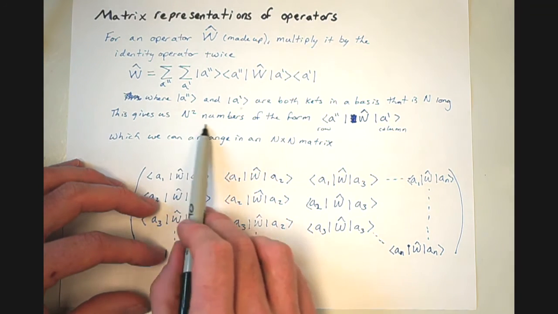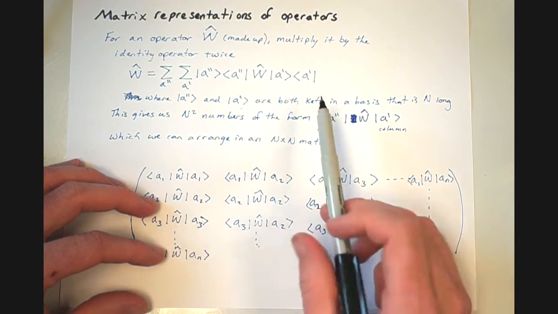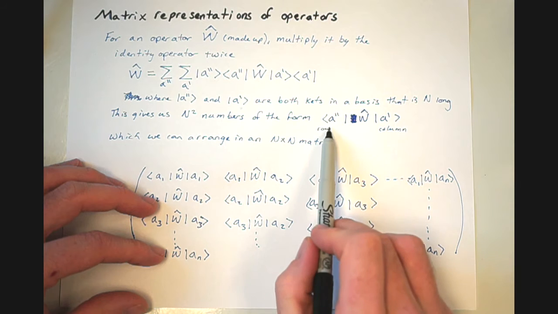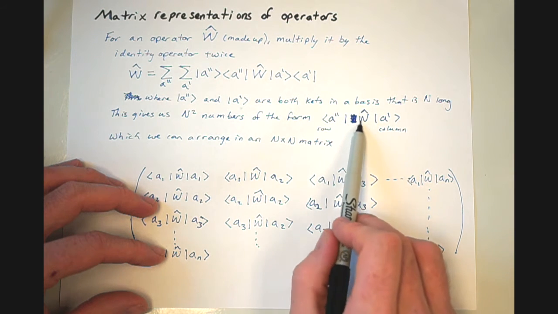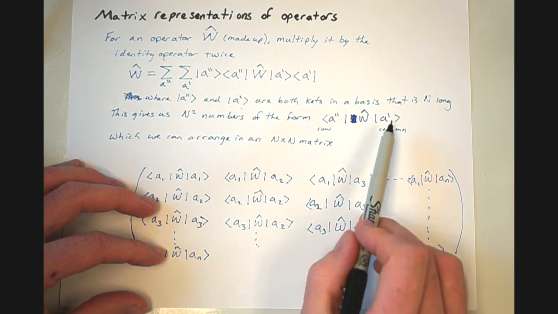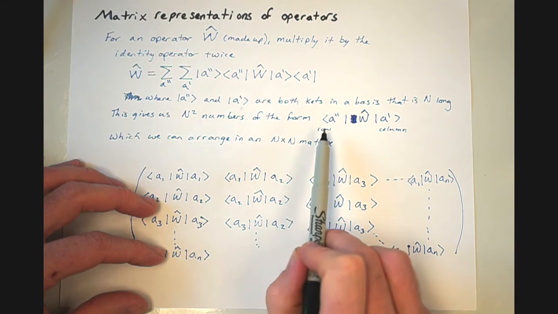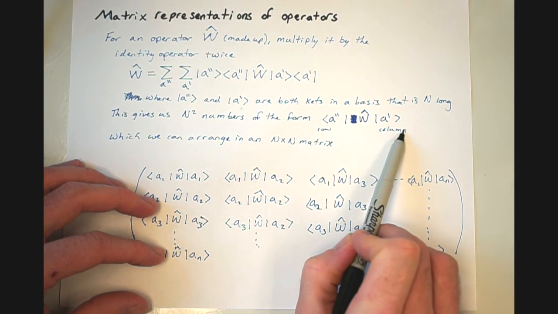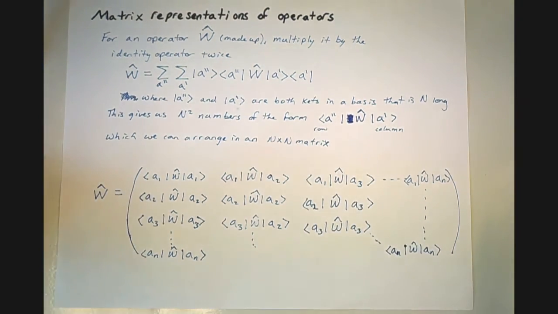So it will give us n squared total numbers returned in the form of bra A double prime, operator W, ket A prime. And we can arrange those in a matrix where these represent our rows and these represent our columns. So we can arrange this as an n by n matrix.